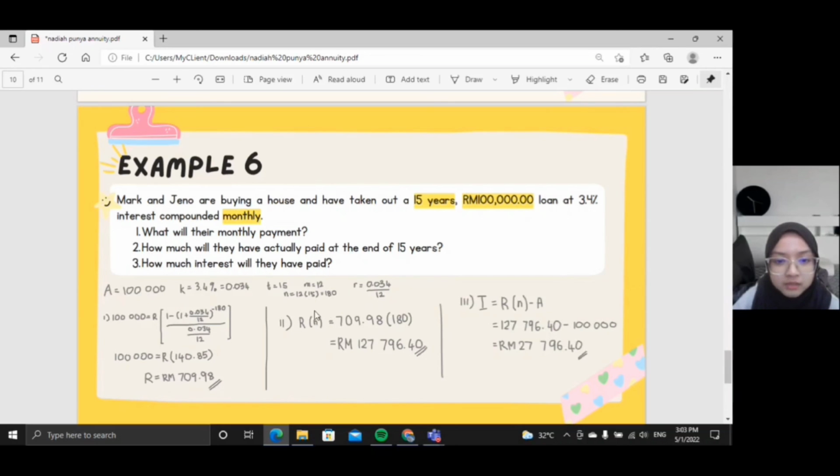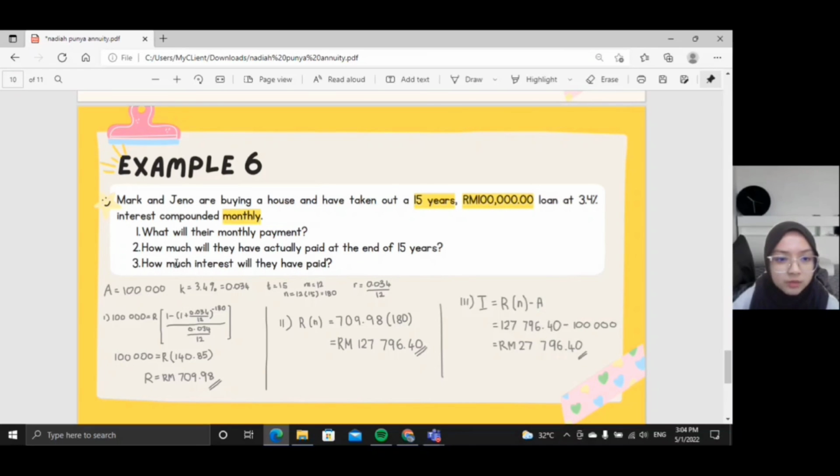So R times N equals 709.98 ringgit times 180, we will get the answer, 127,796 ringgit with 40 cents. Okay, so the second question is answered.